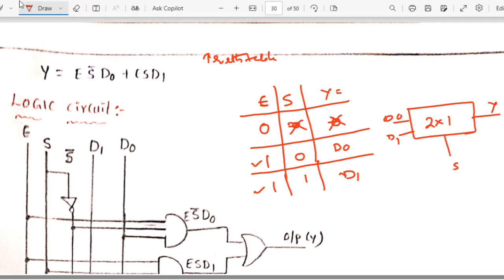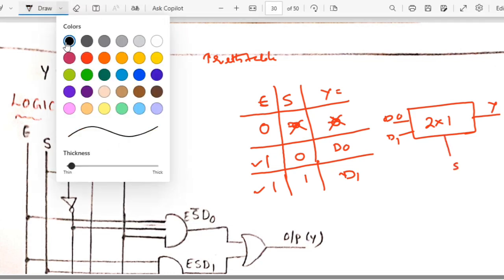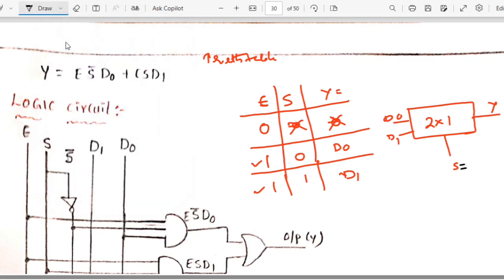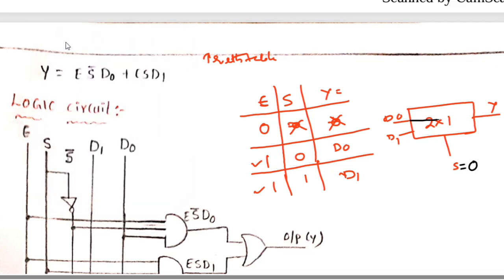Now, whenever you give selection line equal to 0, D0 will be connected to the output, so Y equals D0. At a time only one of the inputs is connected to the output side.